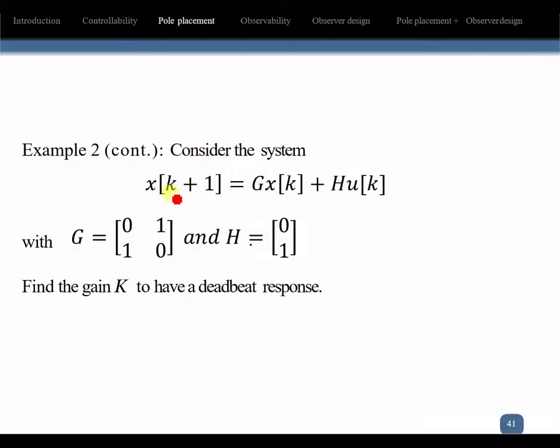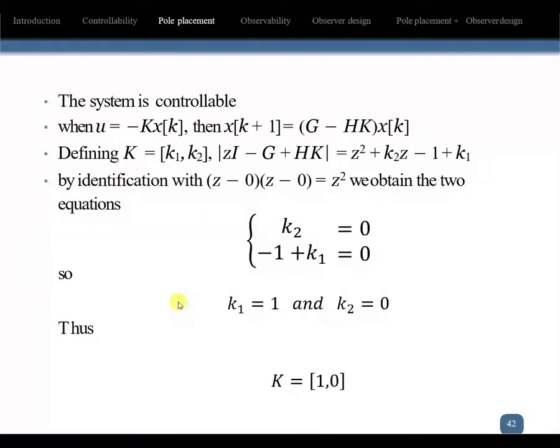Consider x(k+1) equal to Gx(k) plus Hu(k), where G is equal to this matrix and H is equal to this. Find the gain K to have the deadbeat response. If you see the system is controllable, we check the controllability. Then u is equal to minus Kx(k), and the closed loop system is G minus HK.